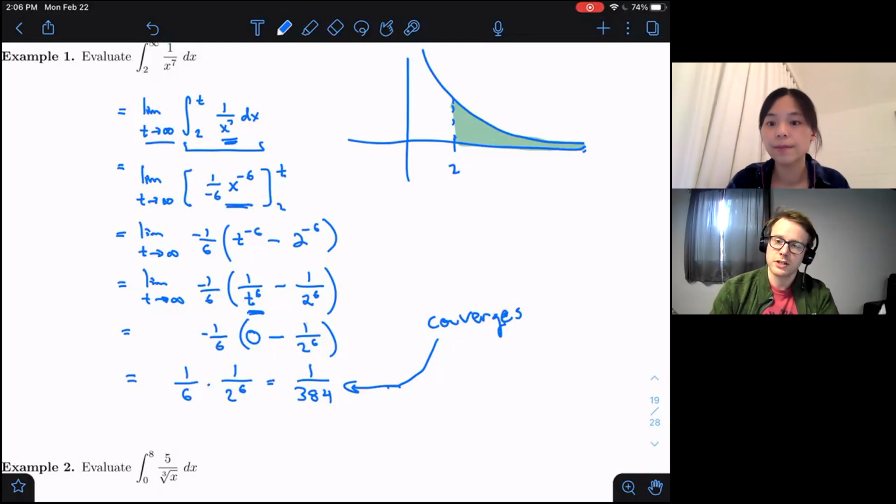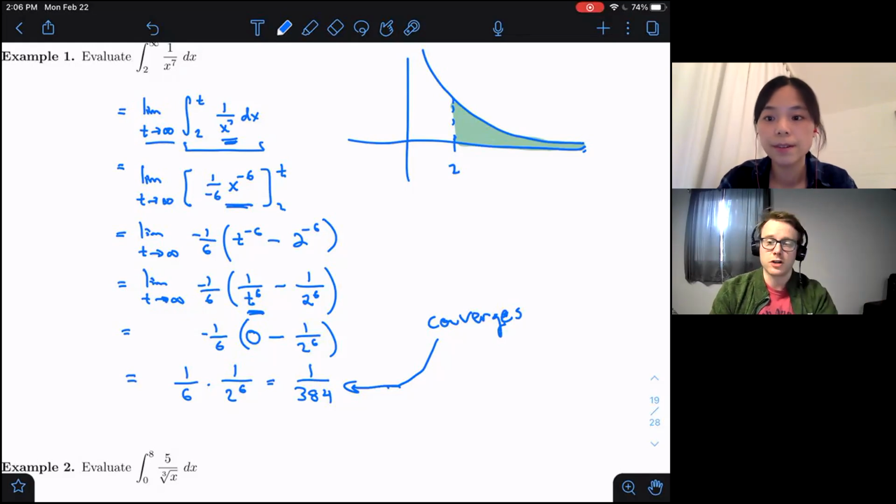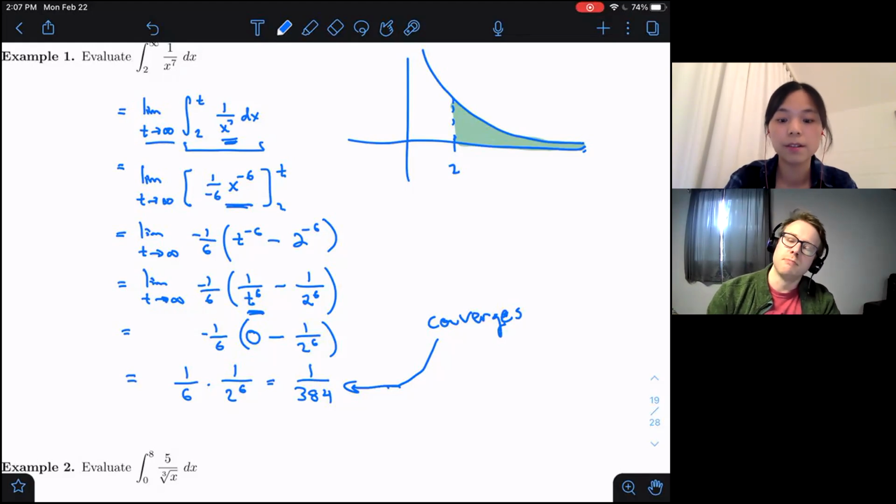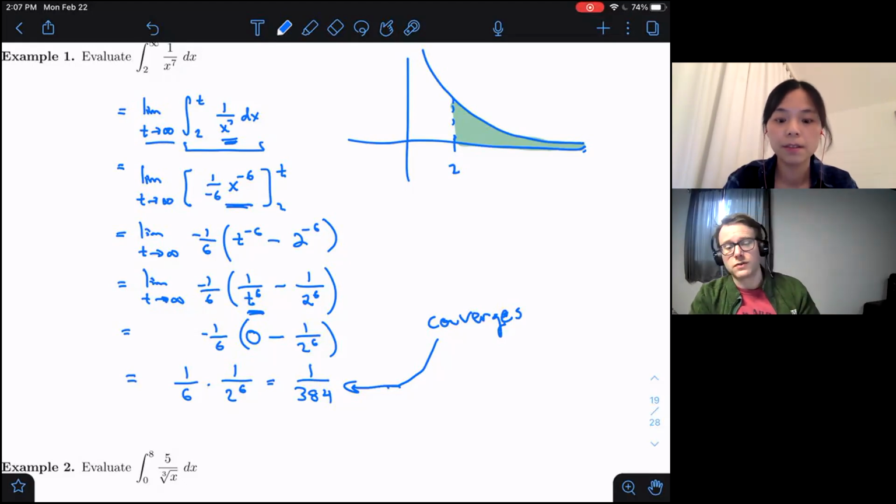So the question isn't just does it converge or diverge, but actually if it converges, what does it converge to? With that theorem, you don't get what it converges to. So yes, you can use it. However, if it asks what does it converge to, you still need to do all this work. But it's good to have sometimes multiple avenues to see that you're getting the correct answer, as a quick check on yourself. So yeah, knowing that is very useful.